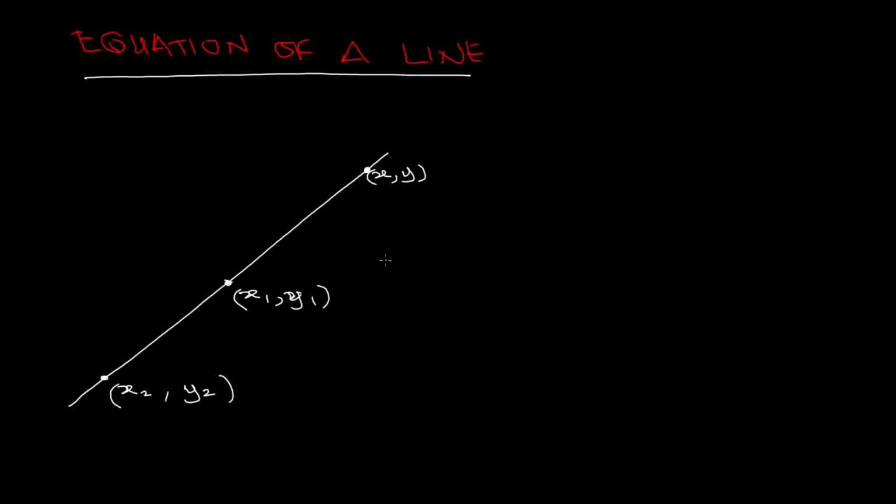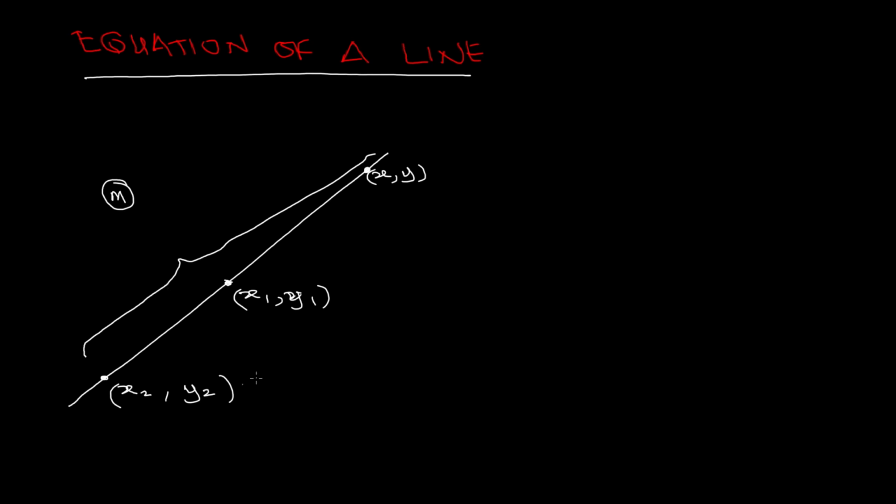So now we've got the gradient, and remember we said that this line has got the gradient called m. Usually they represent it as m. So now the whole line has got a gradient that we are calling m, which is here.